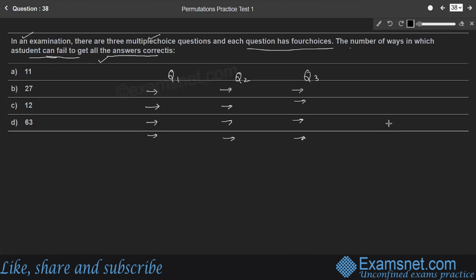Here we'll consider the number of ways of answering the questions. For example, for question 1, there are 4 ways to answer it, right? You can pick option 1, option 2, option 3 or option 4.